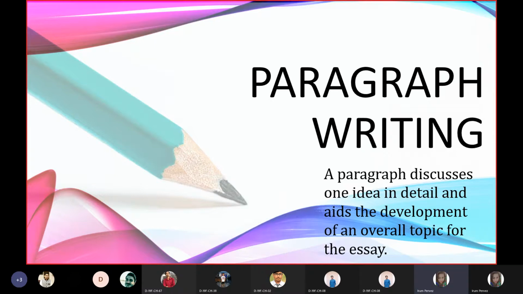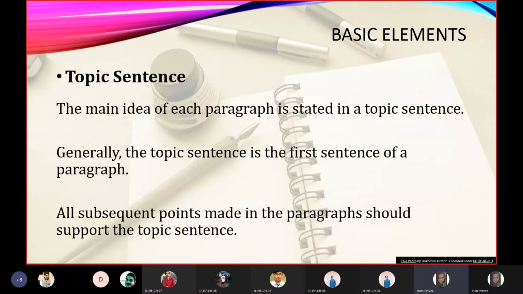All right, so let's move ahead. There are three essential parts or basic elements of paragraph writing: topic sentence, supporting details, and concluding sentence. When you write a technical report, you will be writing it in paragraphs.